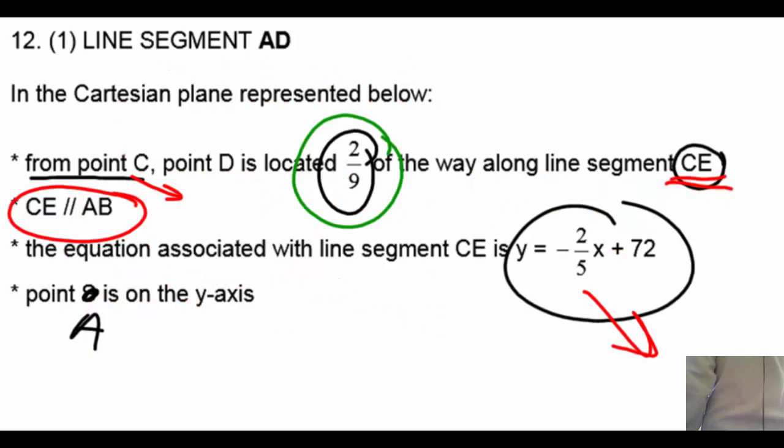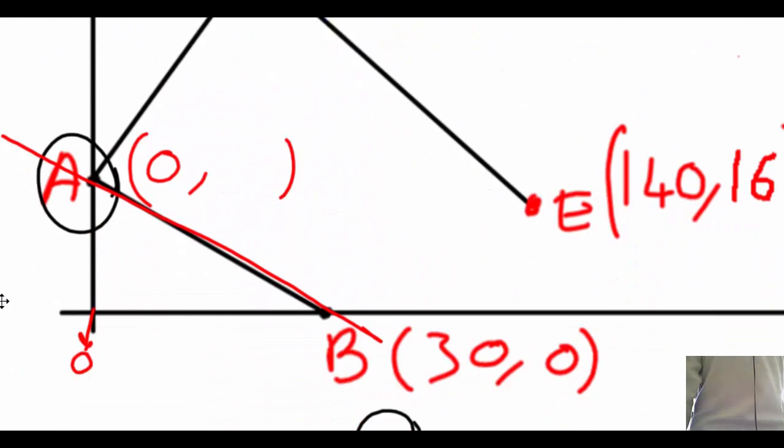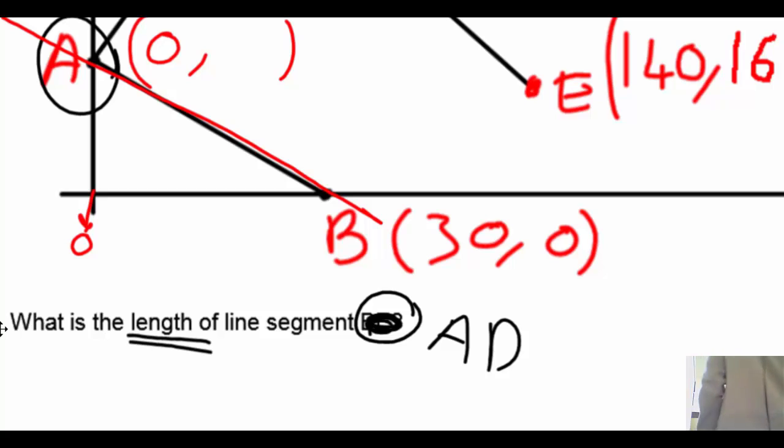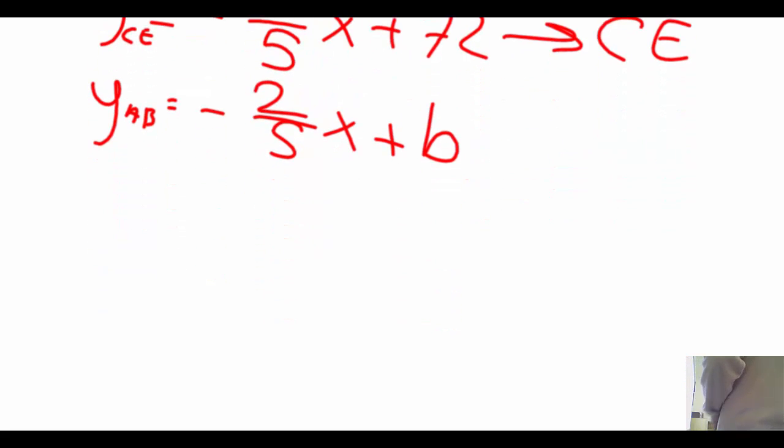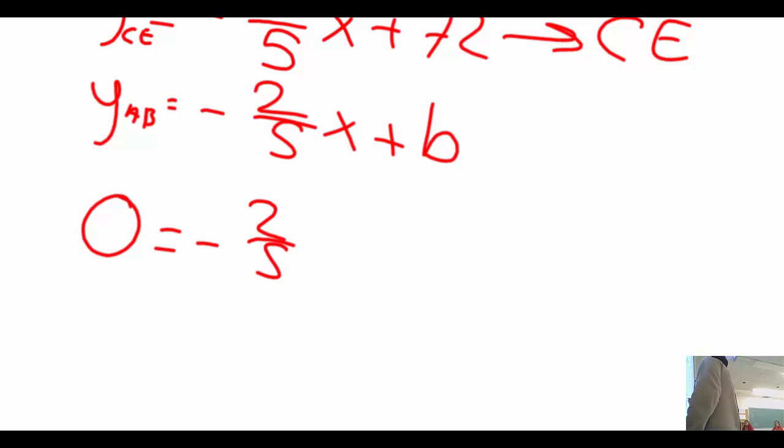But the question actually gives me a clue. For the point B, I have the coordinates. When x is 30, y is 0.